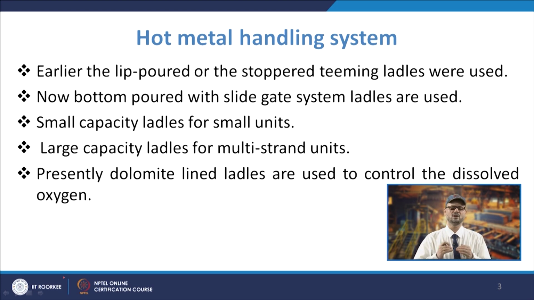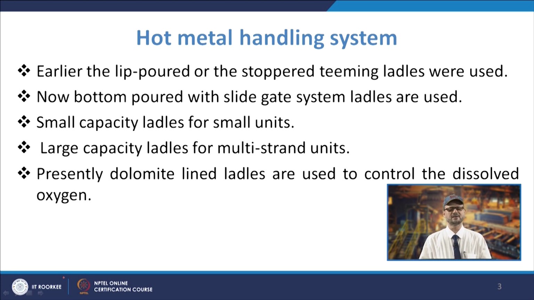The metal comes from the bottom, and the slide gate controls the flow of the liquid metal. By operating it you can allow the liquid metal to fall from the ladle into the turn disk.